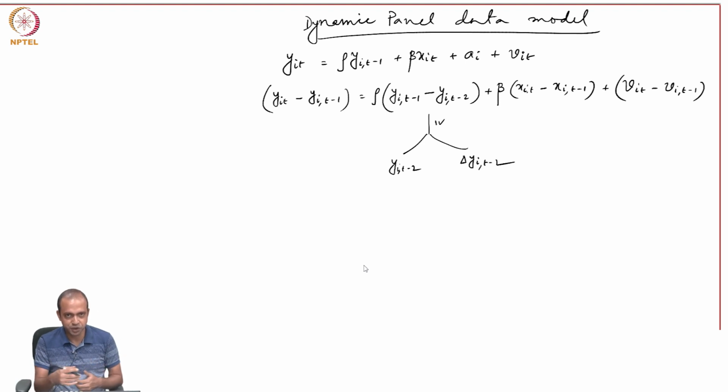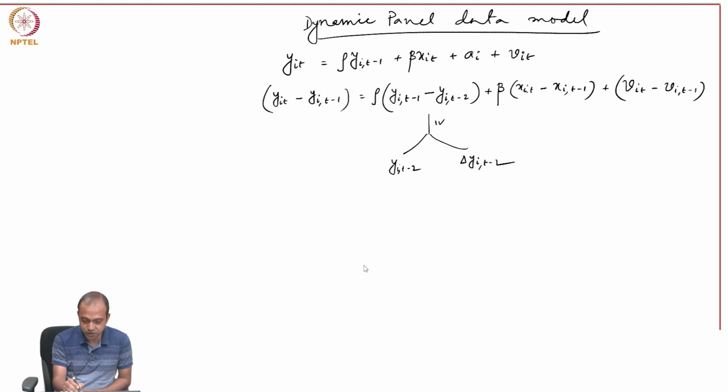We have already explained in our previous sessions what exactly we mean by difference and system GMM. So, quickly we will estimate these two models once again. Why are we doing this Arellano and Bond's difference and system GMM?